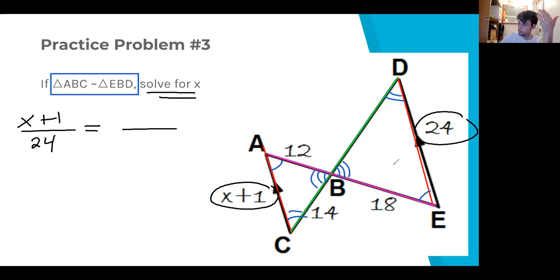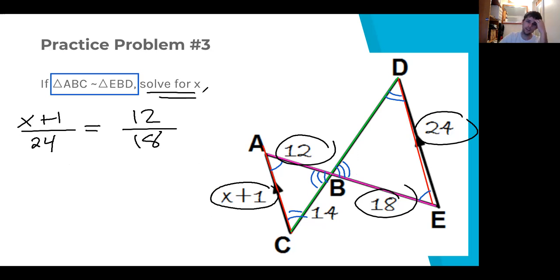They're the parallel sides, and they're between the same kind of angles. And then I need another set that corresponds, so 12 and 18. Again, remember to set this up consistently. I did the smaller one, the one on the left on the top, and the one on the right on the bottom, left on the top, right on the bottom. Make sure you have that consistency.